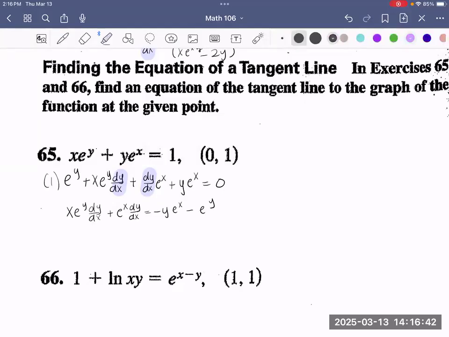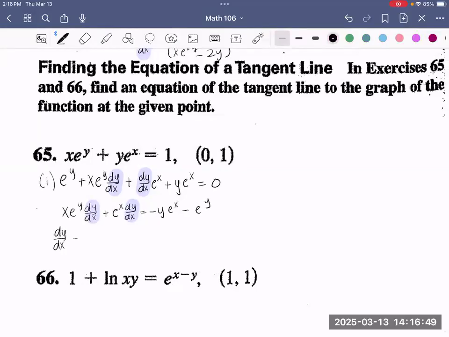And now let's go ahead and factor out your dy/dx. And last thing, let's go ahead and divide.